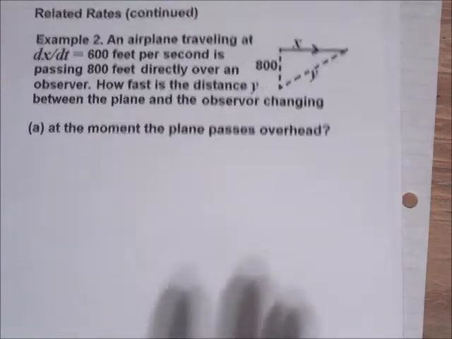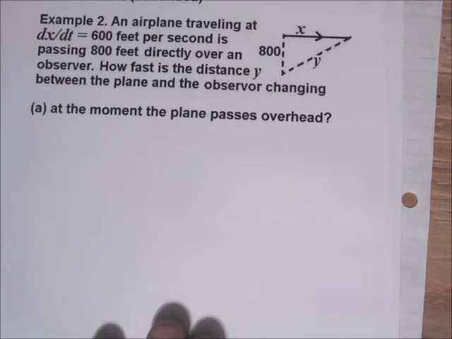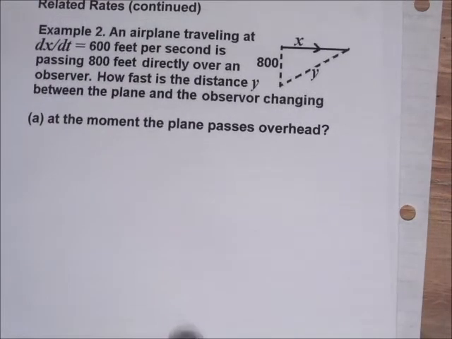An airplane traveling at dx/dt, 600 feet per second, is passing 800 feet directly over an observer. How fast is the distance y between the plane and the observer changing at the moment the plane passes overhead?